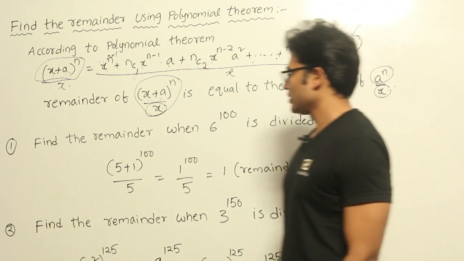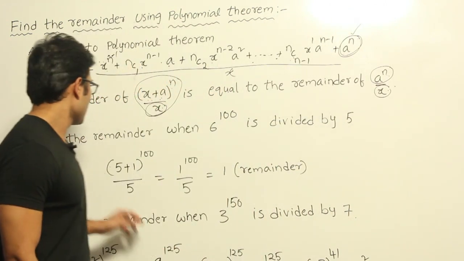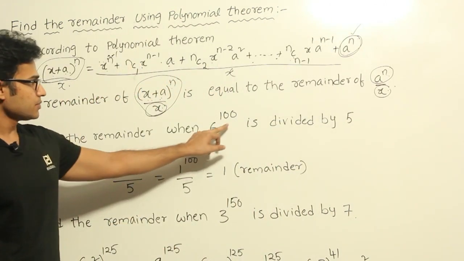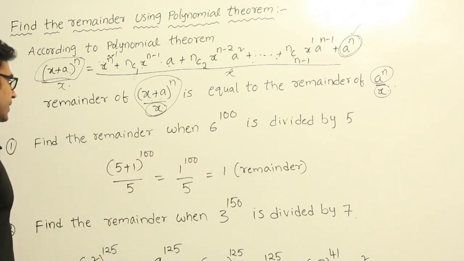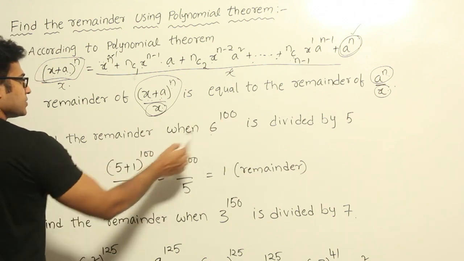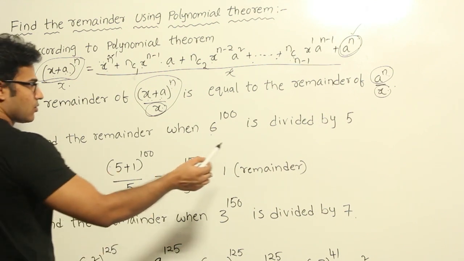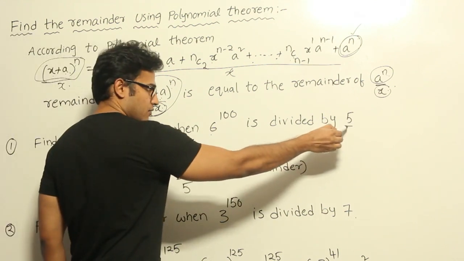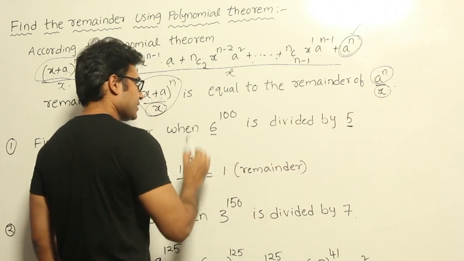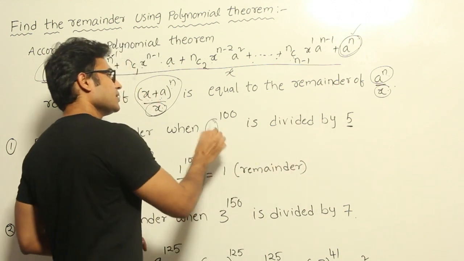Let's see an example where it will be useful. Find the remainder when 6 power 100 is divided by 5. If you are going to divide 6 power 100 by 5, since you are going to divide it by 5, you try to write this term as 5 plus something.